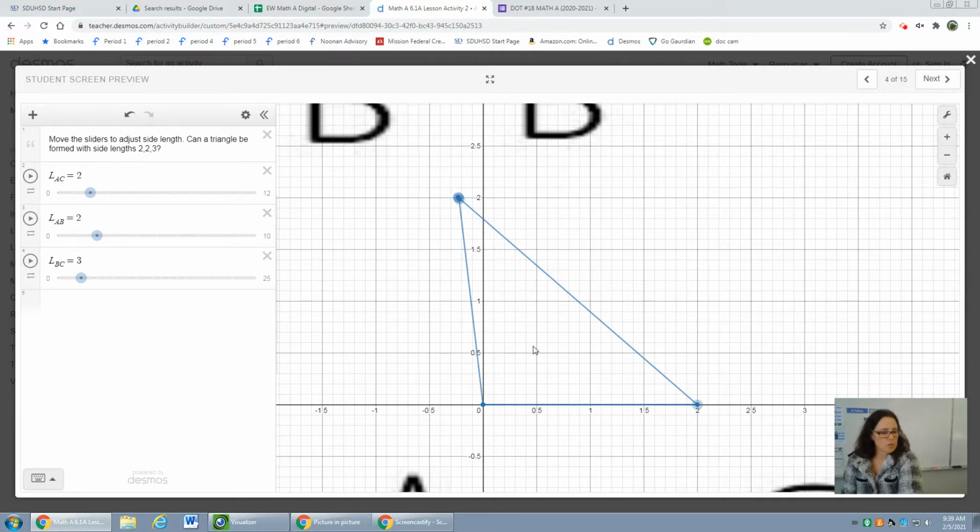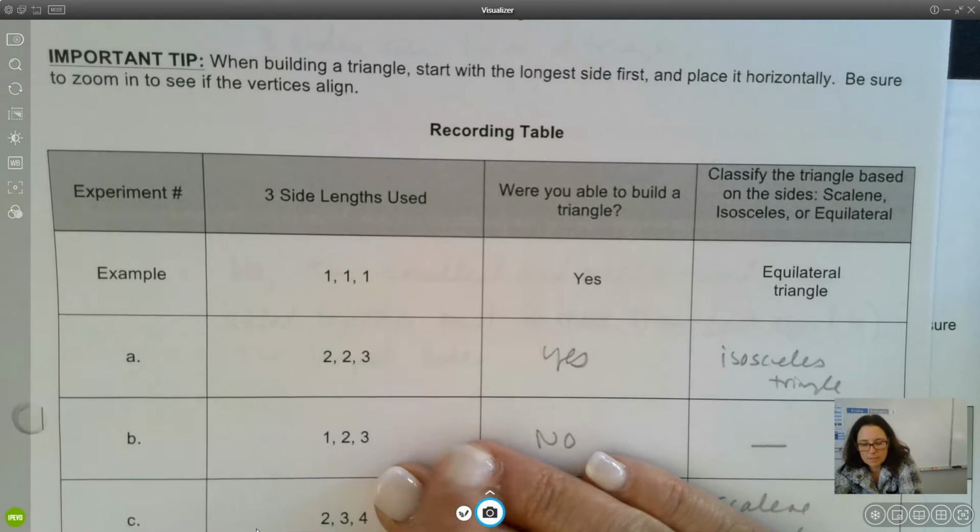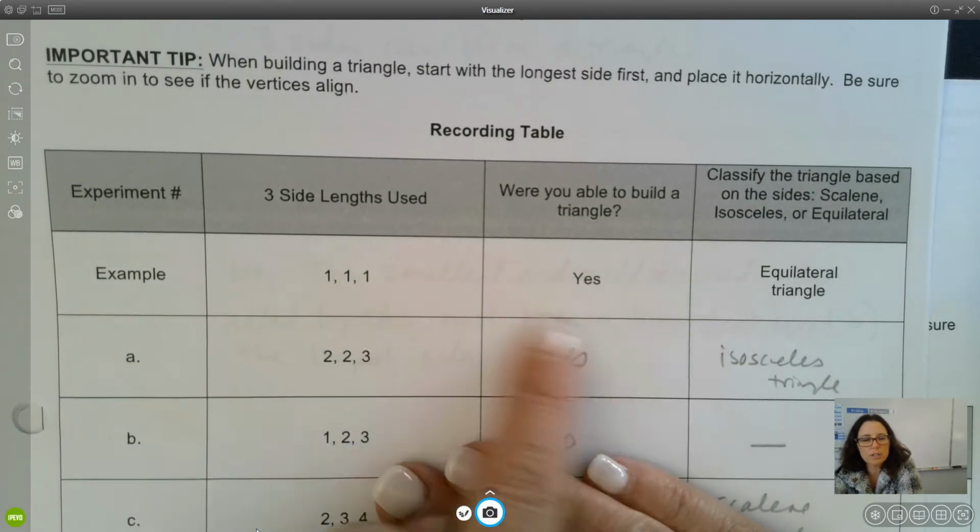Okay, so does this form a triangle? Yes, it does. So you're going to put the word yes in the 2, 2, 3 box, and then for sides 2, 2, 3, two of them are equal. That is called an isosceles triangle. So you are writing yes, isosceles triangle in this row.